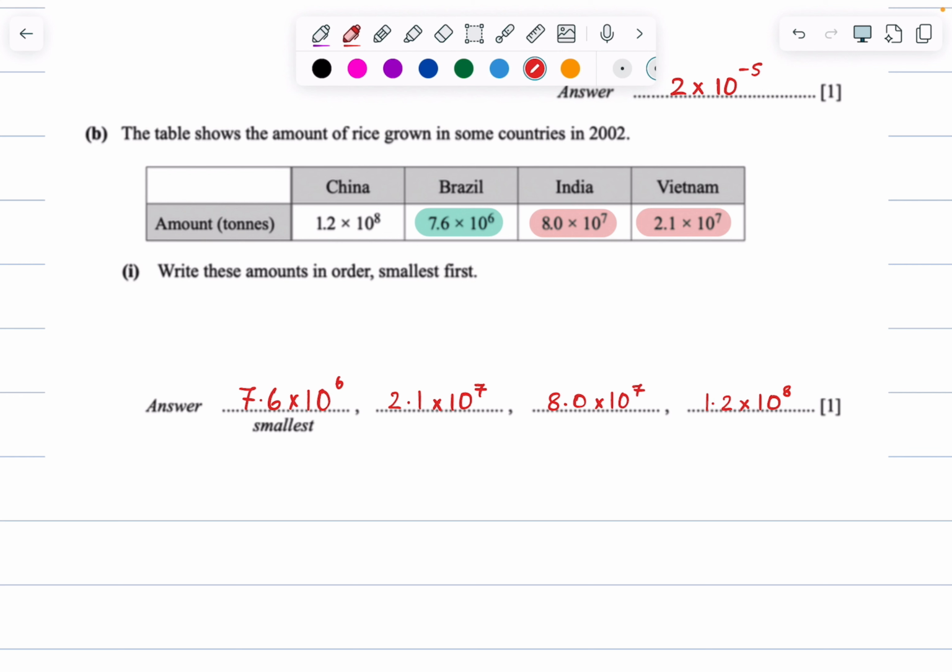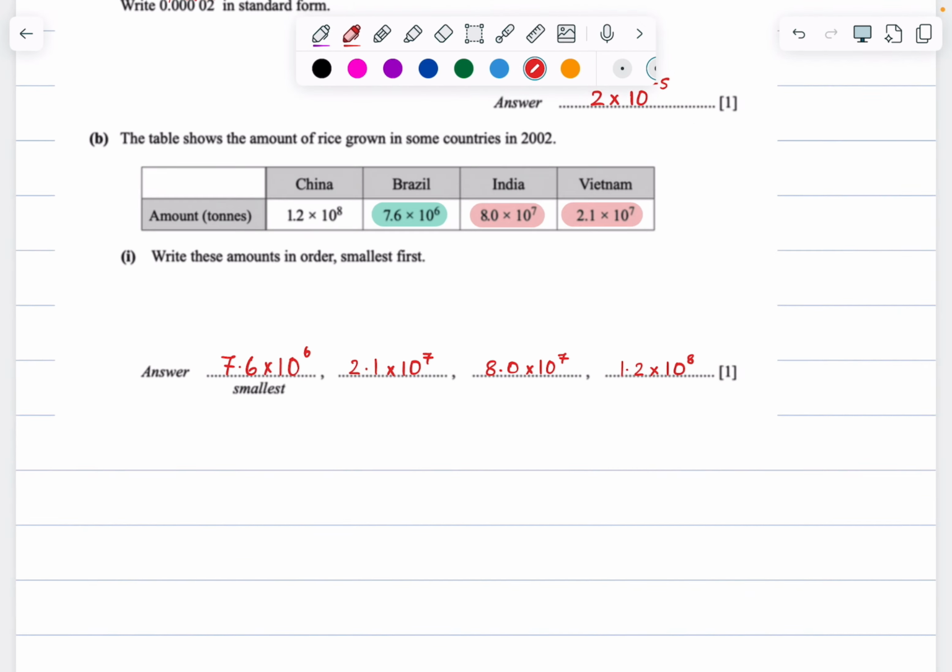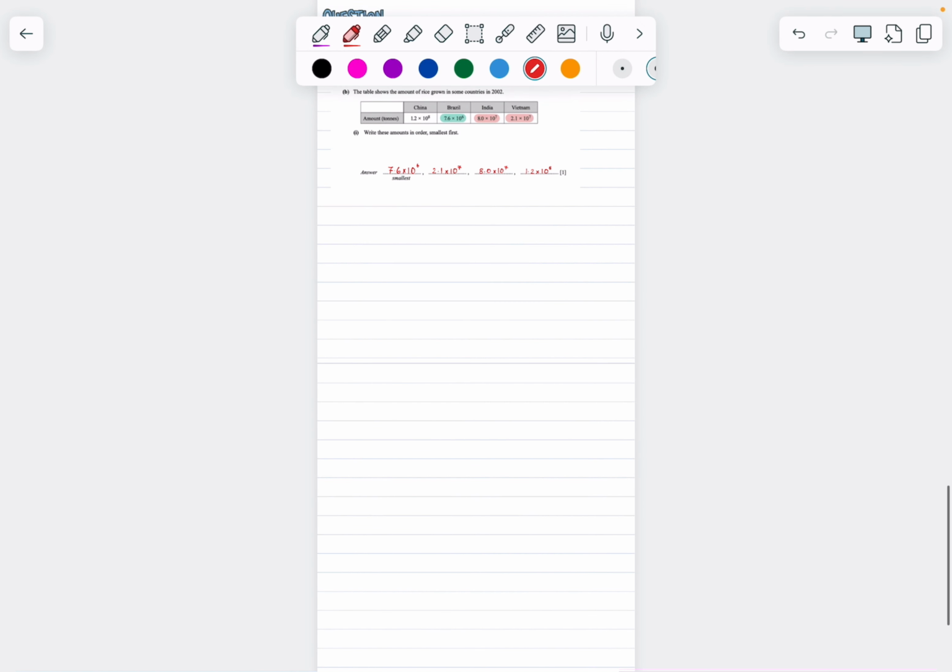Question number 9. Yes, I see there are 3 parts and I like this. Let's have a look. It's a fun question, it seems. It's very easy. Okay, here it is. No, we'll do it together, don't worry. I'm bringing it, just 1 minute.